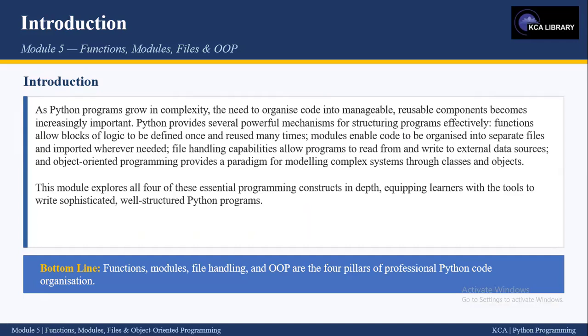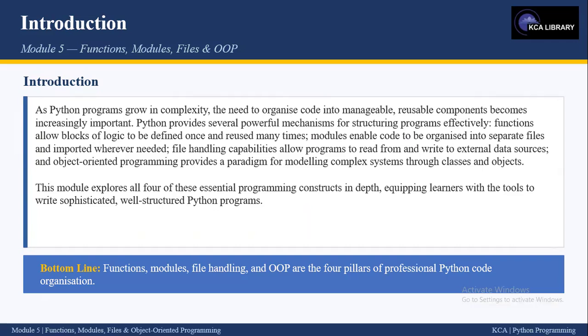Introduction. As Python programs grow in complexity, it becomes essential to organize code into manageable, reusable components. Python provides 4 powerful mechanisms to achieve this. Functions allow a block of logic to be defined once and reused many times.